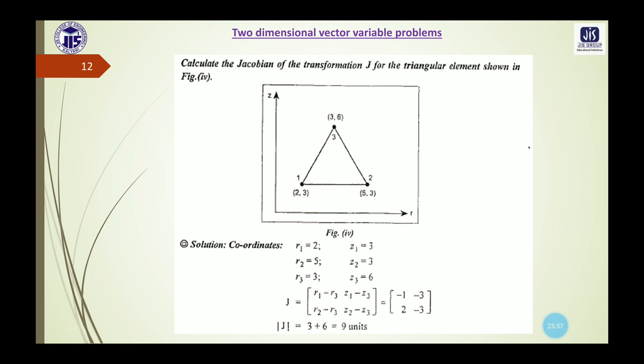The calculation for this Jacobian matrix was also discussed earlier. So here one simple example we have discussed again to calculate the Jacobian of any triangular element.